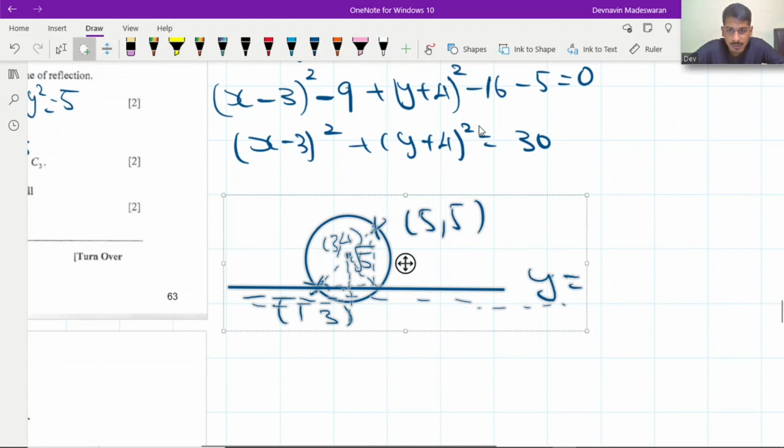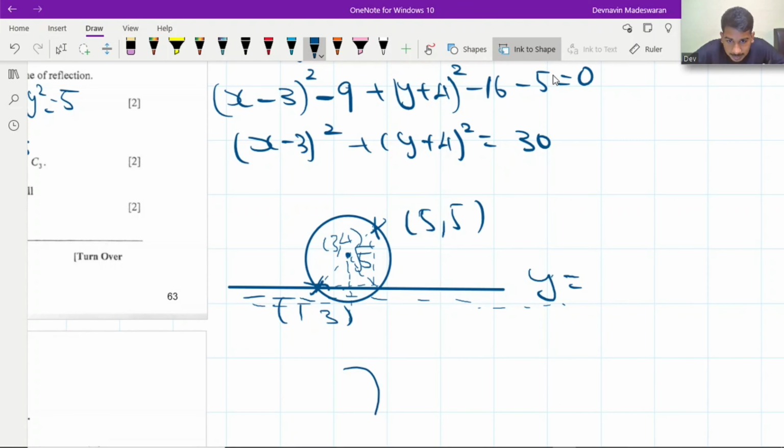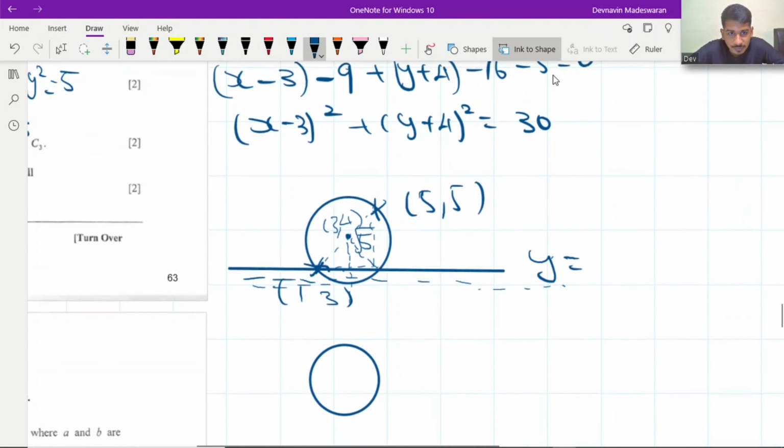It's the same point, but the y is negative 4. Let's draw another circle, with a different radius, square root 30.